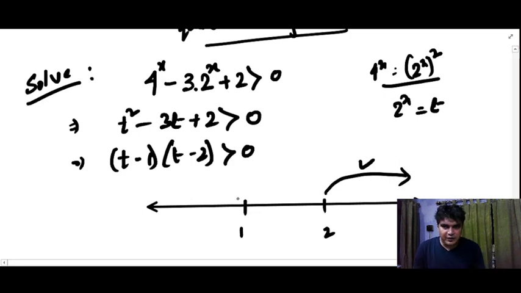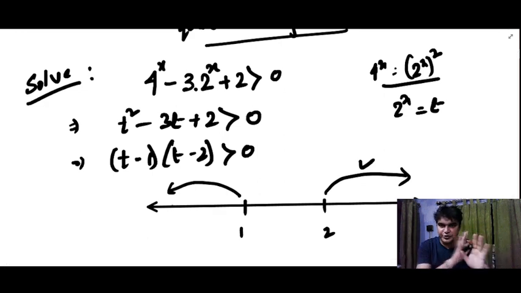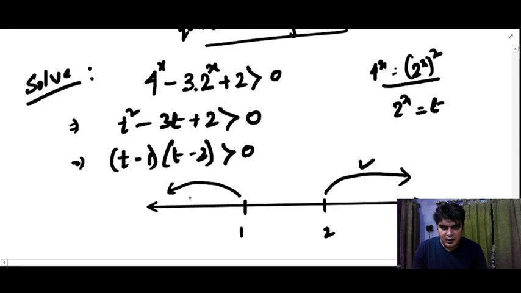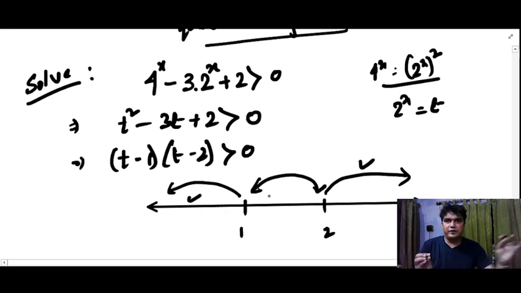If I take any value of t less than 1, say t equals 0, then 0 minus 1 is minus 1 and 0 minus 2 is minus 2; minus into minus becomes plus, so it also satisfies the inequality, right? Now if I take a value between 1 and 2, say 1.5, then 1.5 minus 1 is positive and 1.5 minus 2 is negative, so the product is negative and it does not satisfy the inequality.